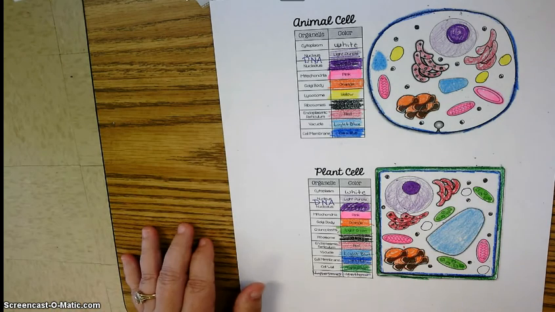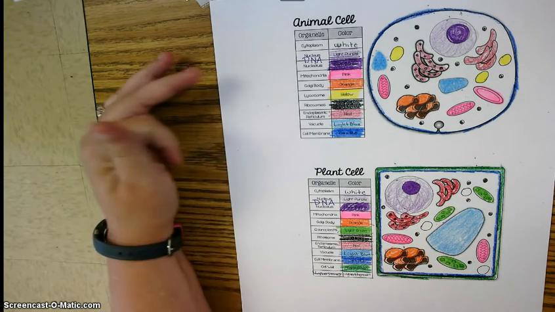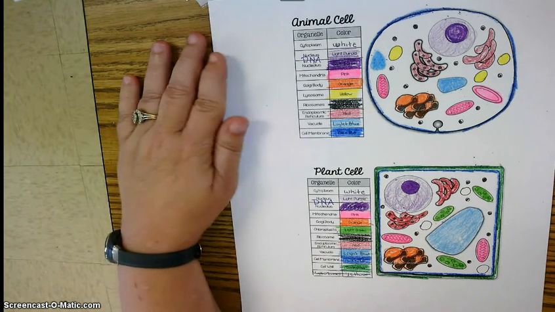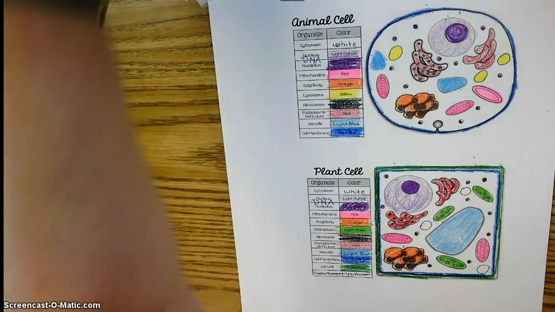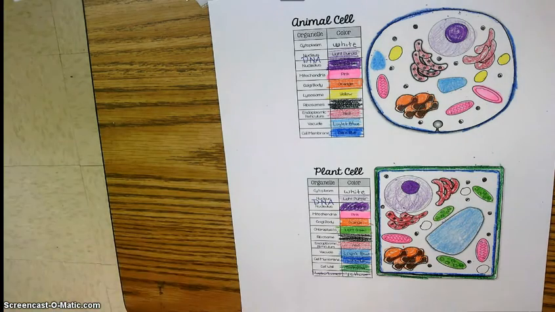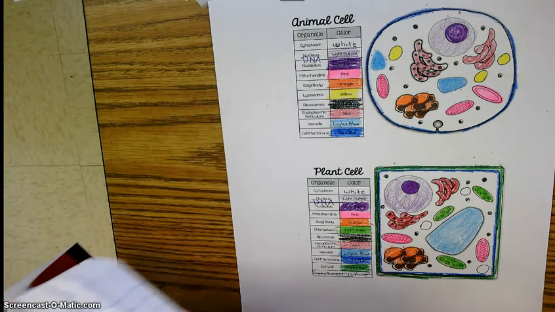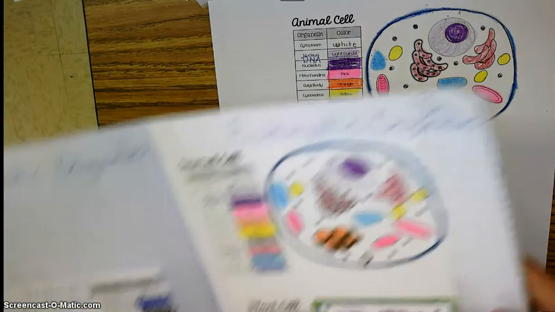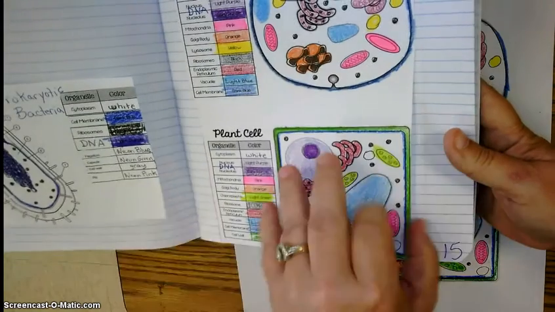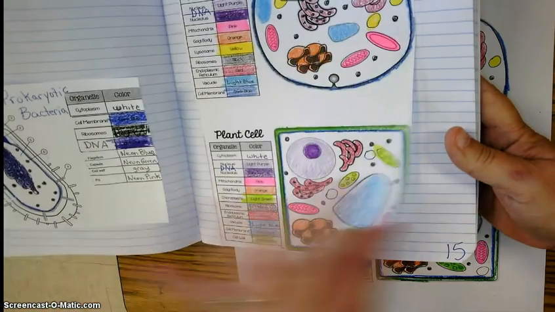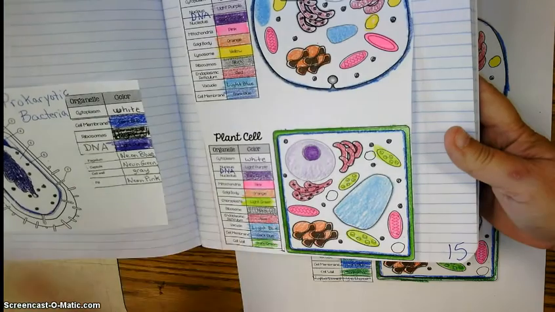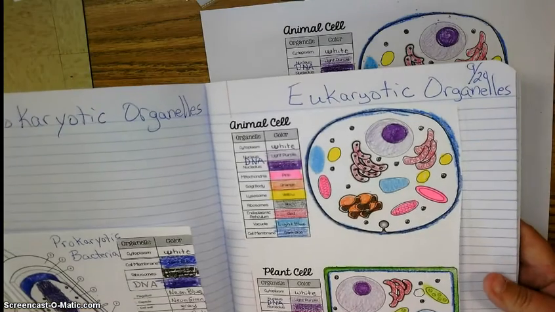And so we have all of the organelles on our eukaryotic cells. We're going to cut this out, and then we're going to glue it to page 15 as a flap. See how that's a flap? On page 15, eukaryotic organelles.